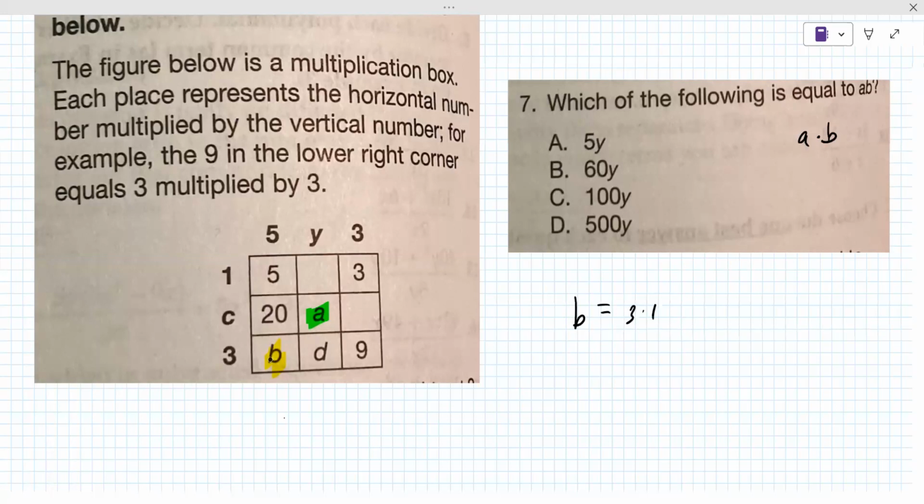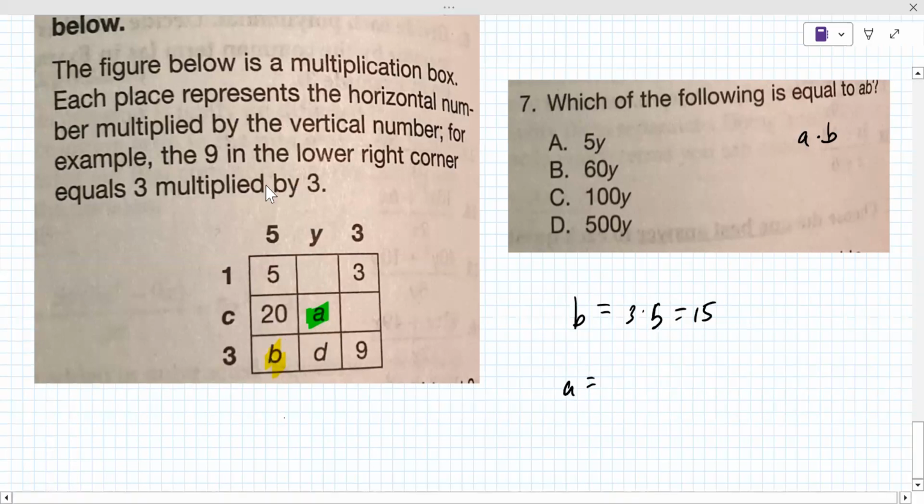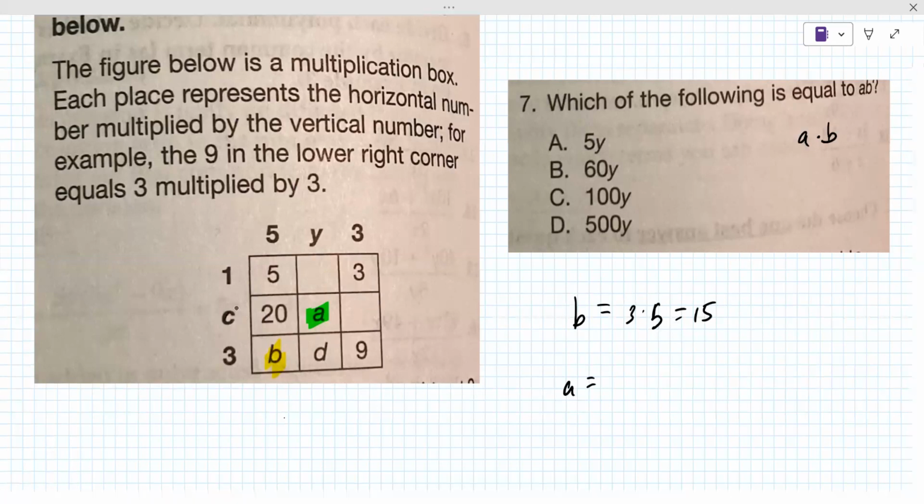It's 3 times 5, that's 15. Do we know the value of A? A might be a little trickier because it's C and Y. Can you find C? 4. So A is 4 times Y.